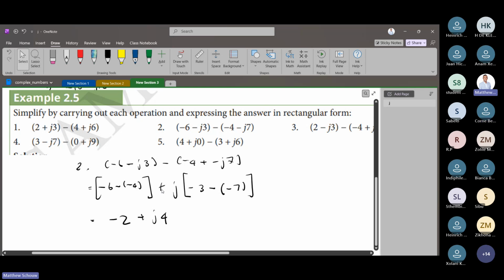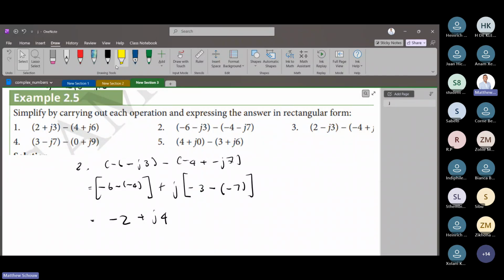It made no difference. You'll notice this still gives you a positive j4. I'll just use it to separate the two terms. Minus 3 plus that, that'll give you a positive 4. You could have kept it open and waited till the end and then folded it up. I just wanted to separate them.